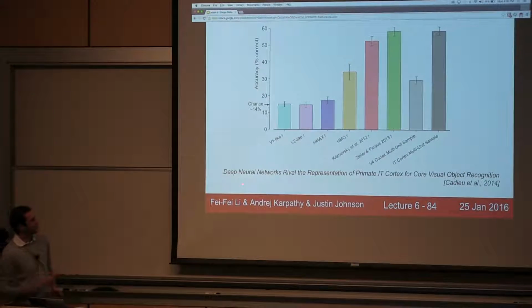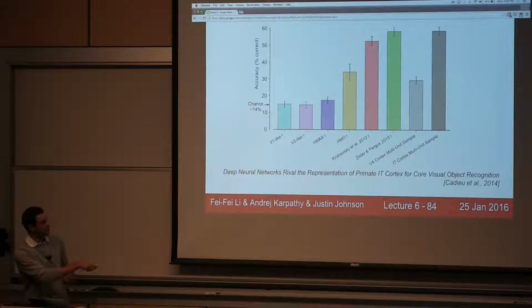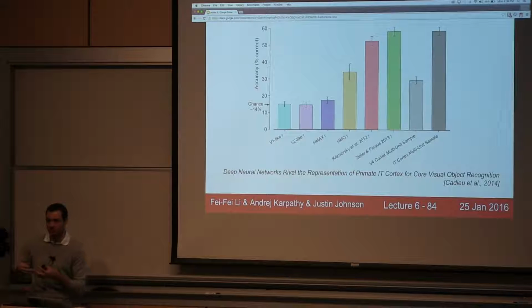I also wanted to point out something interesting: this paper called Deep Neural Networks Rival Representation of Primate IT Cortex for Core Visual Recognition. What they did here is they looked at, I think, a macaque monkey, and recorded from the IT cortex the neural activations as the monkey looked at images. Then they fed the same images to a convolutional neural network.